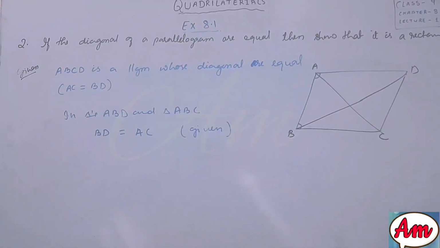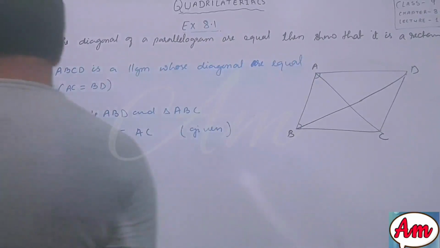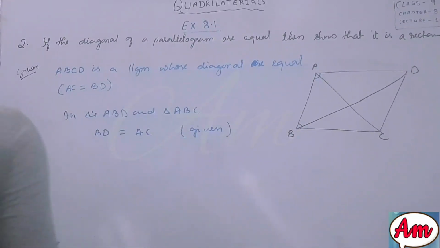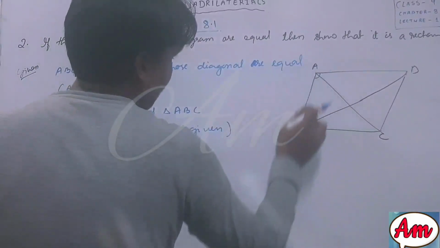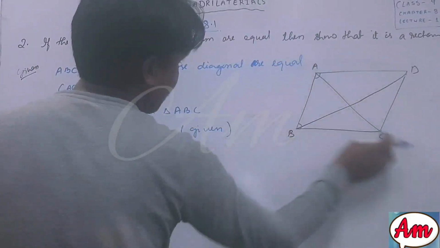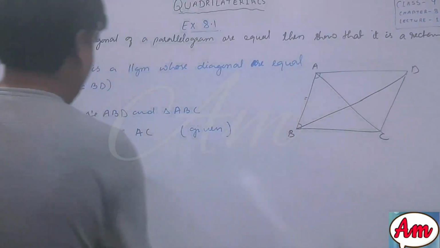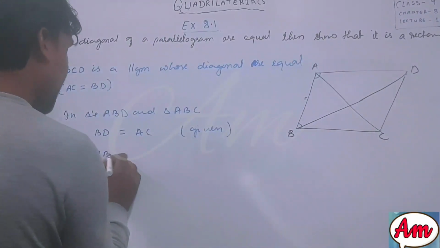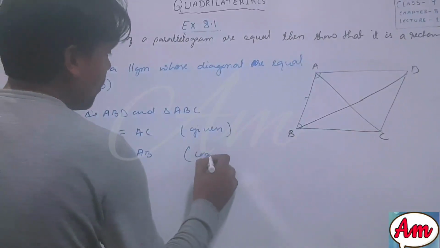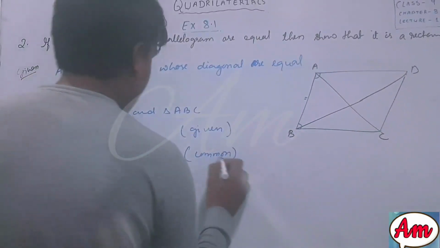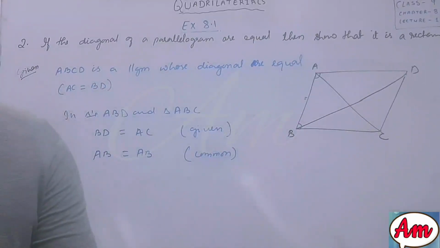Okay, next what we will be doing is AB equals to AB. So in both these triangles ABD and ABC, AB is repeated. So we'll write here AB equals to AB. This is common. So this is the common side in these two triangles.